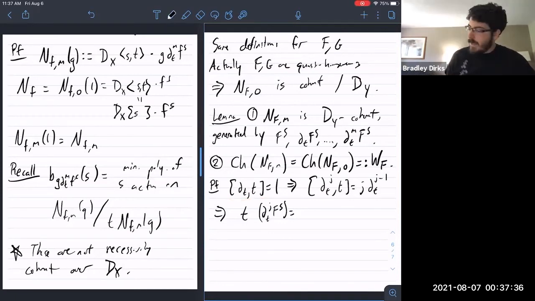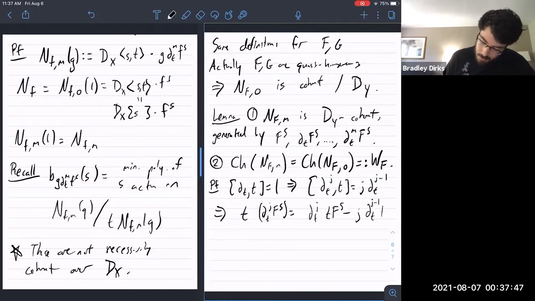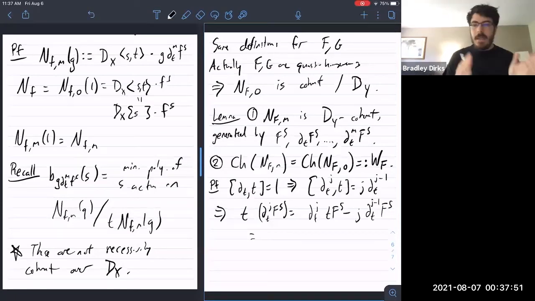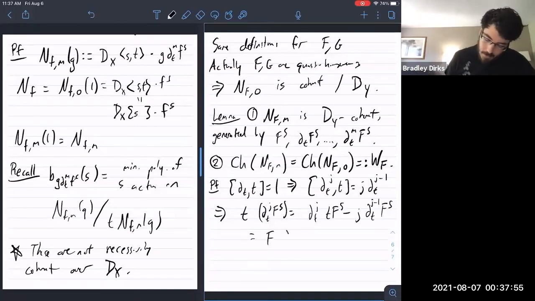And so that implies that the action looks like D_t^j times T f^s minus j D_t^{j-1} f^s. But that first term, T times f^s, is F, capital F, times f^s. So we can pull that out.